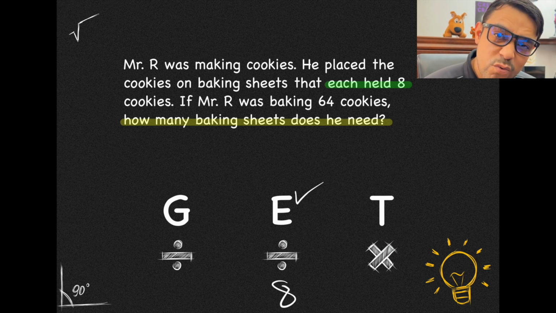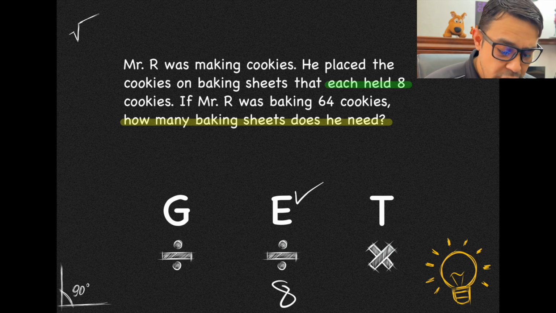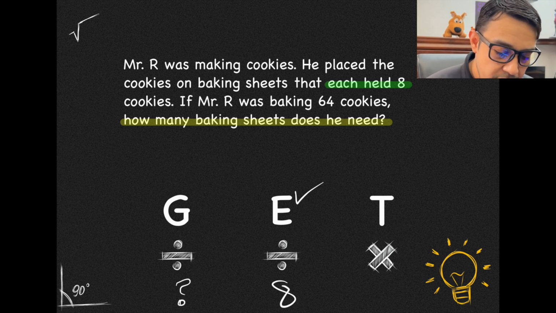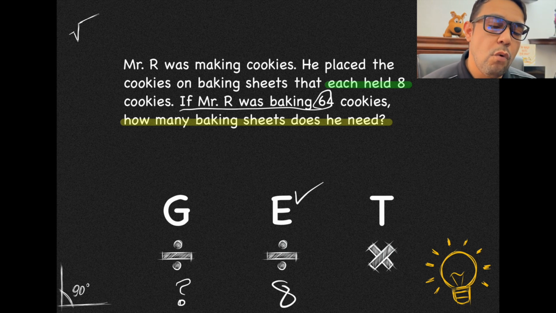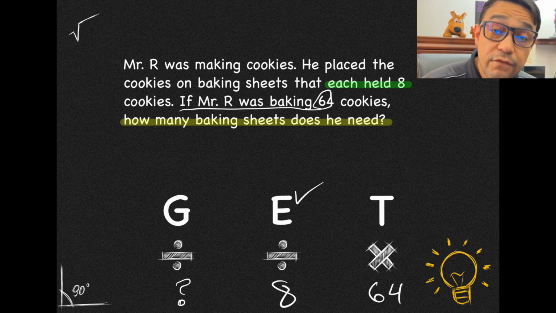Do we have groups? He didn't do 64 groups. So I think our groups is missing. Let's keep looking. He was baking 64. That sounds like a total to me. 64. We have our total.